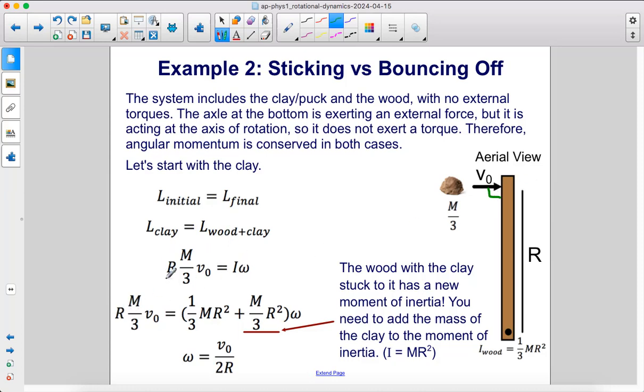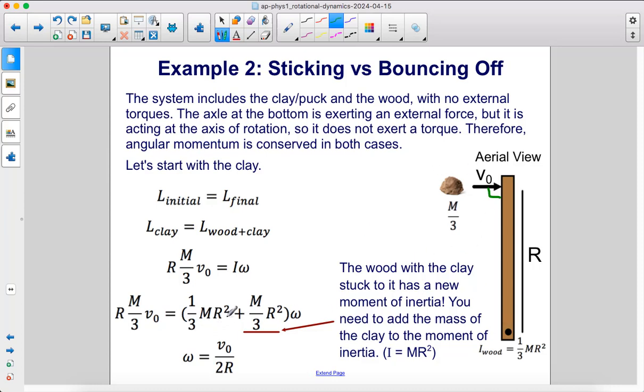All right, so we keep the left side of the equation the same. A tricky thing here is that the wood with the clay stuck to it now has a new moment of inertia, right? The moment of inertia has changed. You have to add the mass of the clay to the overall moment of inertia.